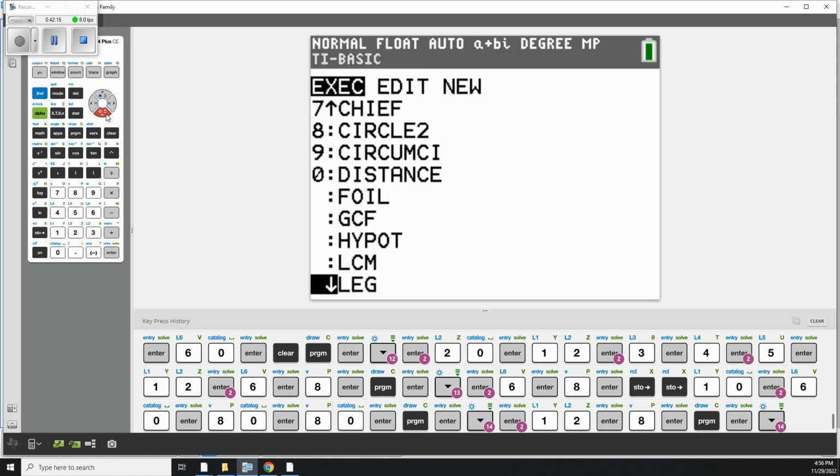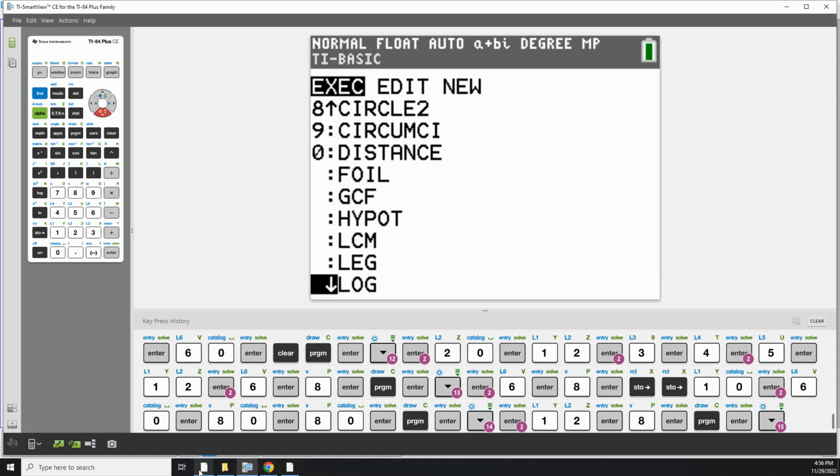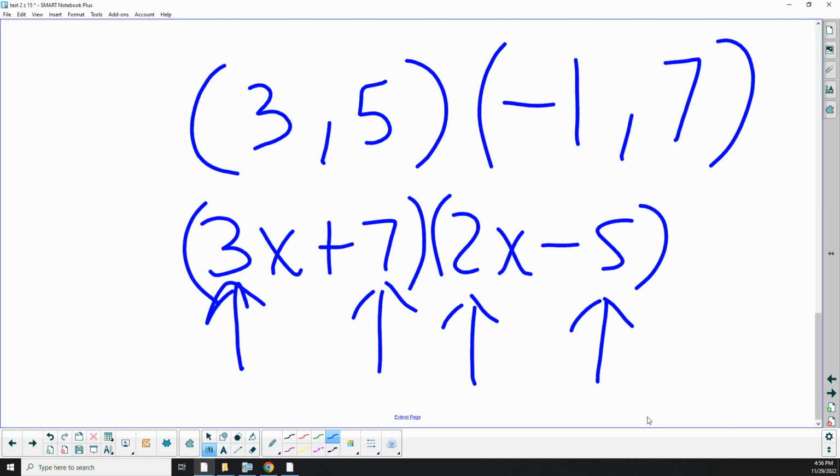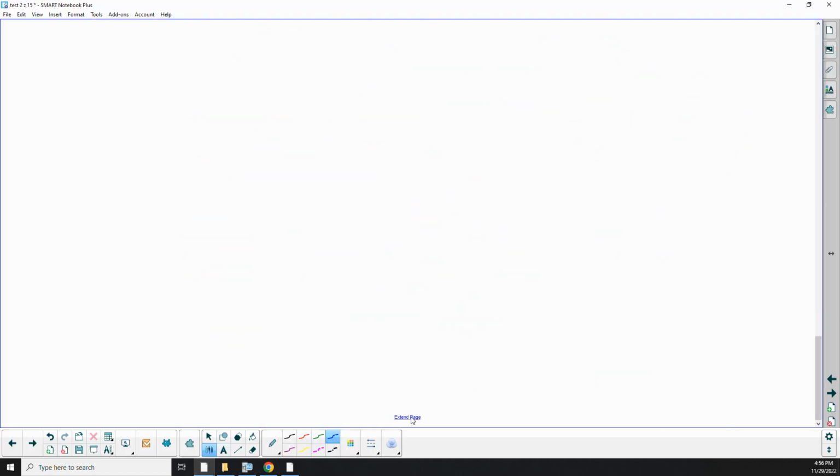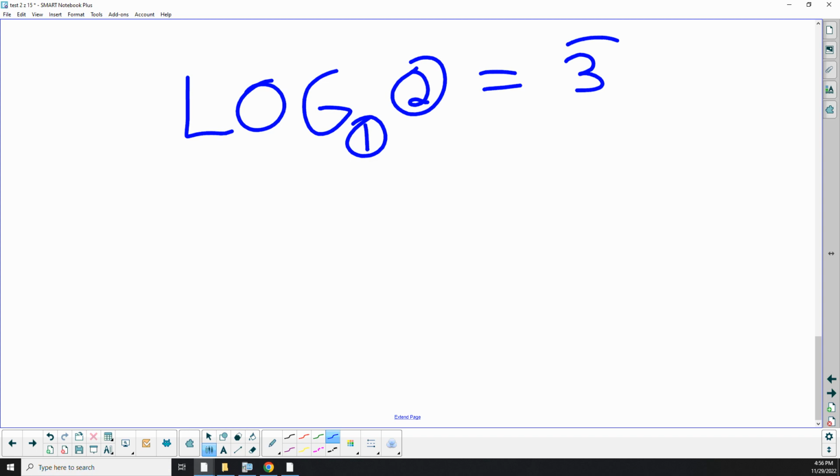LCM, least common multiple, leg of a right triangle. Log program. Do y'all know your logs? Log program is a little obsolete because there's a log button on the calculator. I'll show you that. But what I did was I labeled the numbers 1, 2, and 3 for the log.